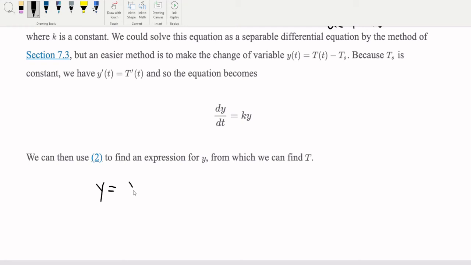But we have to be a little careful when we're applying this. If we're going this way, y is actually big T minus the surrounding temperature, equals y0. And what's y0? That's T0, the initial temperature of your object.